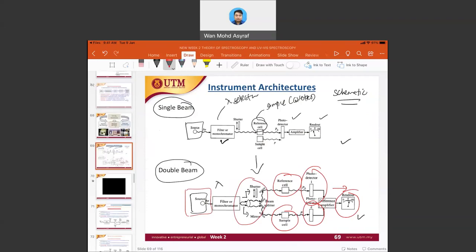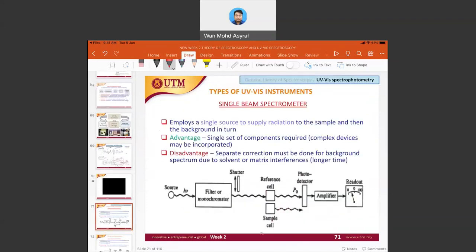Okay, so types of UV-vis instruments for a single beam. So this is what I've explained before. So it employs a single source to supply radiation to the sample, and then the background in turn. The keyword is in turn. The advantage is that a single set of components is required.